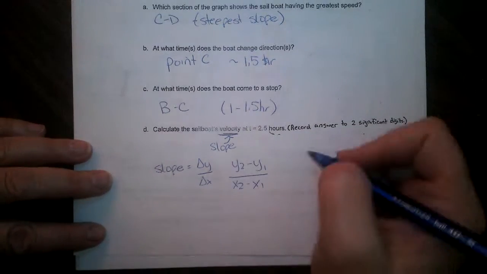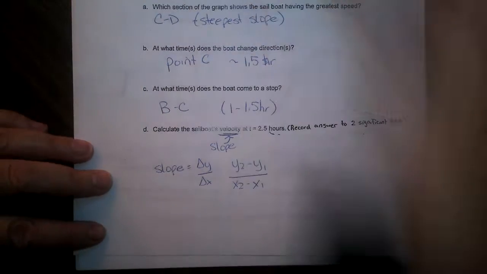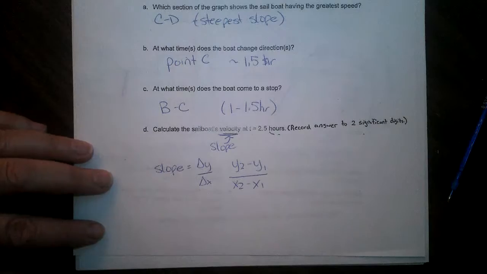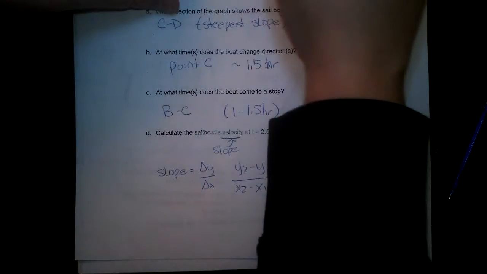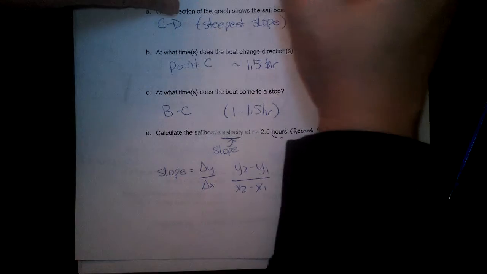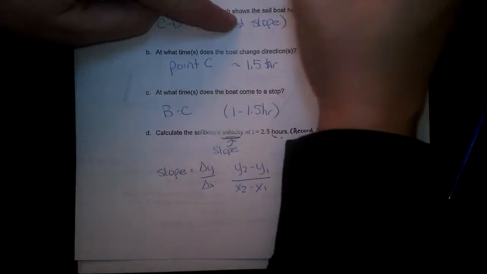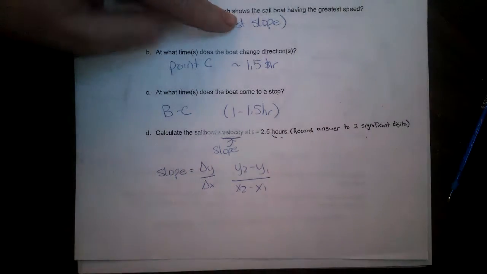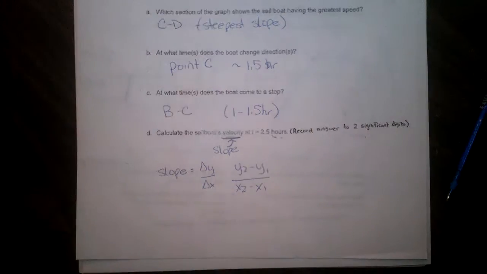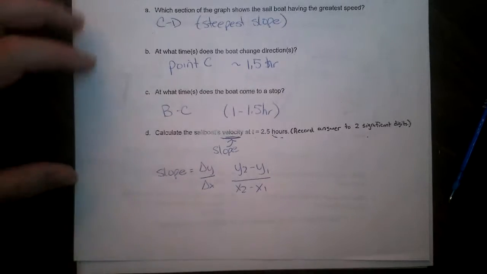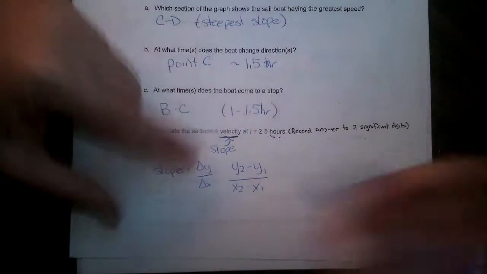Okay, so y2, this is going to be, this is 2 and 5, and this is 3 and 0. Remember we read from left to right?